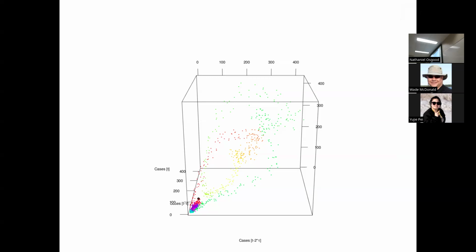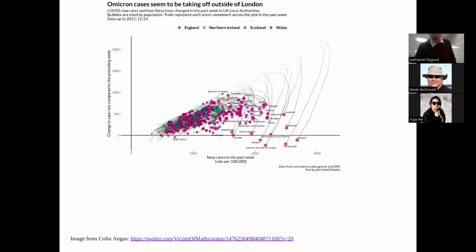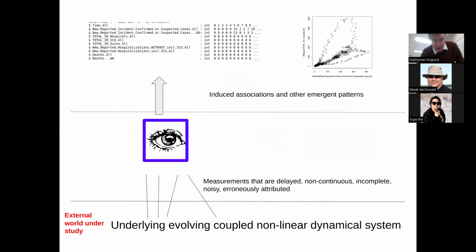But I'm saying we have a way of peering into the state space of the underlying system, the system down here that we generally can't observe directly. All we can see is little bits of data coming out of it from this part of the system or that part of the system. Maybe we're lucky and we have case counts collected for us.